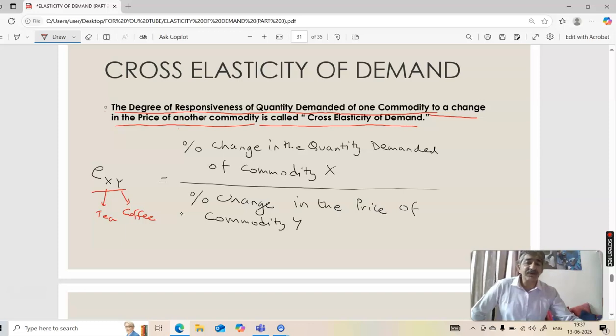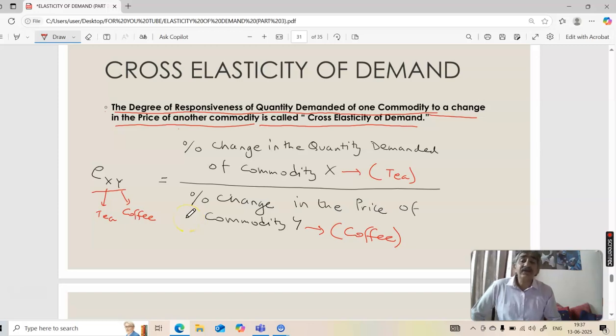I need to take percentage change in quantity demanded of commodity X. So X over here means a main product for which we want to measure cross elasticity, that is tea, and upon denominator we take percentage change in the price of commodity Y. So Y is the related product. In my example, it's coffee. As I told you, in this example, these are substitutes.